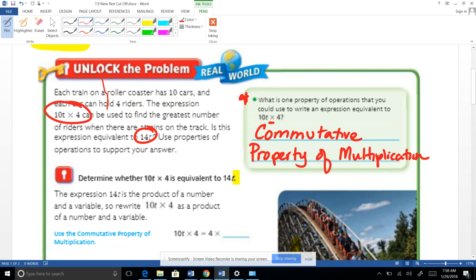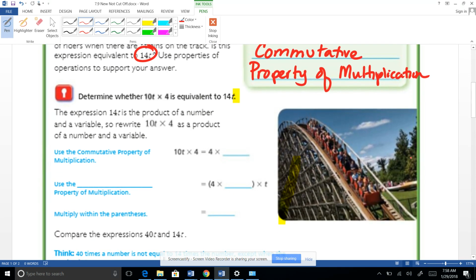Is definitely an answer. So what we want to do now is determine whether or not 10t times 4 is equivalent to 14t. And we know that the expression of 14t is the product of a number and a variable. So we could rewrite it using that commutative property of multiplication right there.